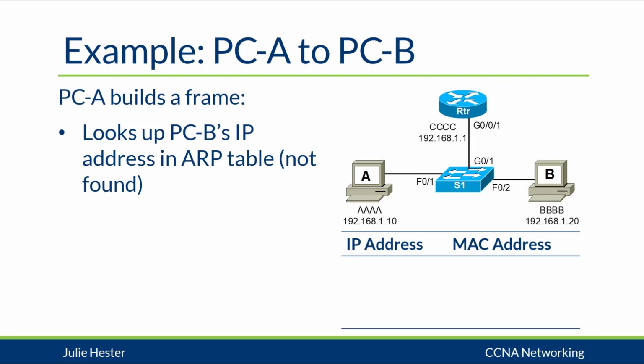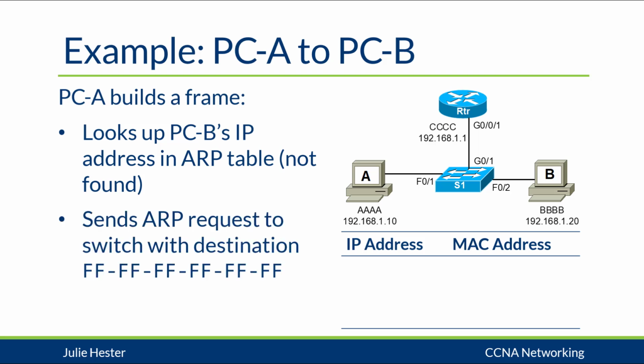PCA looks up PCB's IP address in its ARP table, but does not find it. Next, it sends an ARP request to get PCB's MAC address. The ARP request needs to go to every device on this network, so the destination MAC address in the request is all Fs.